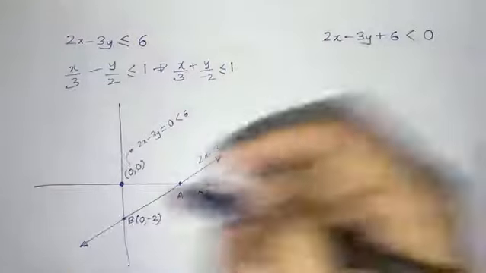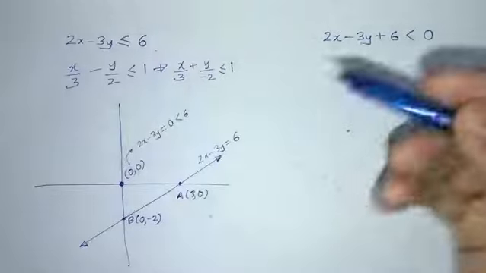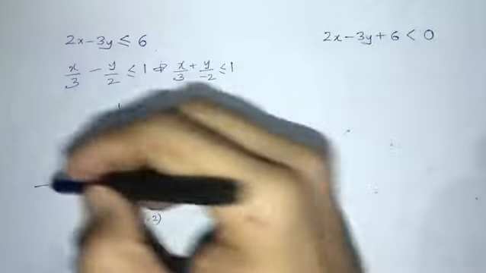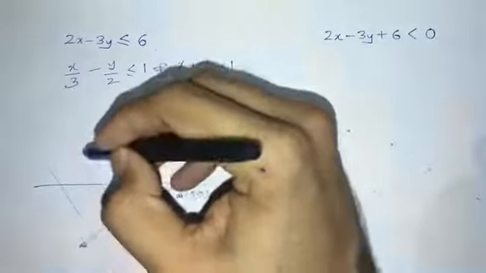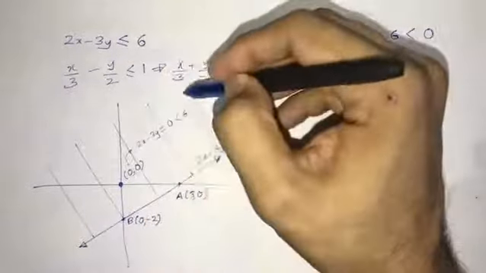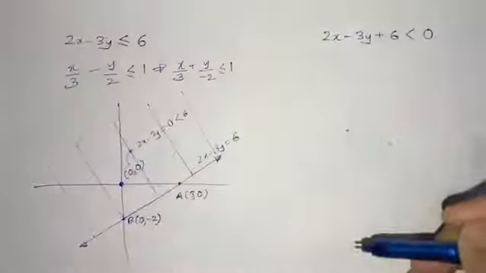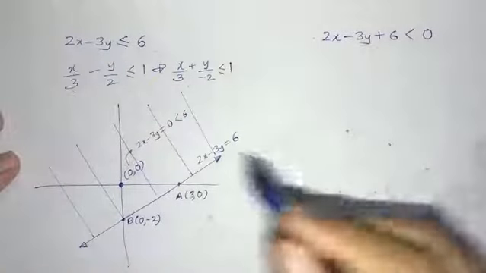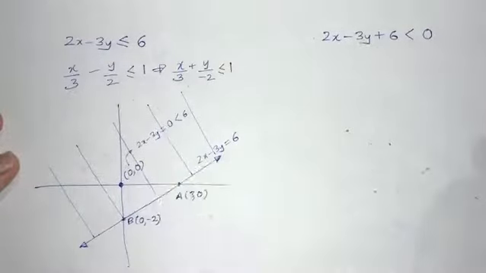So if the origin satisfies the inequality, you simply have to now shade the region containing the origin, and we say the solution is the half plane containing the origin. The solution is the origin side. Because if one point satisfies the inequality, all the points in this region will satisfy the same inequality.